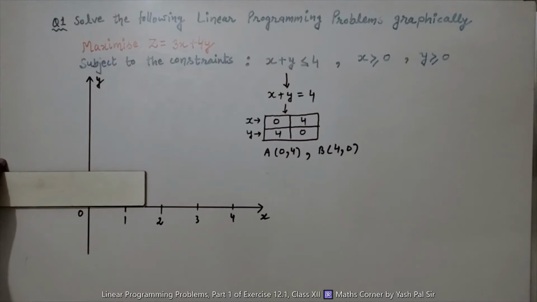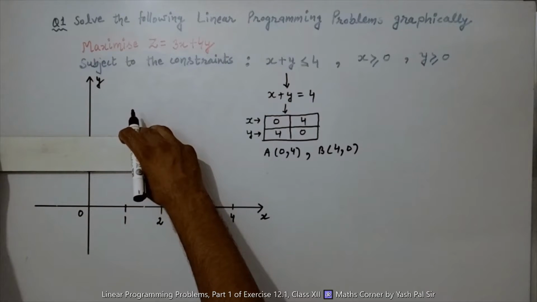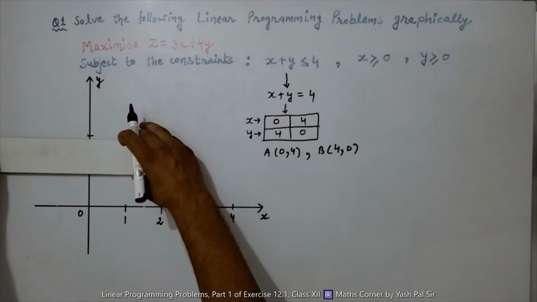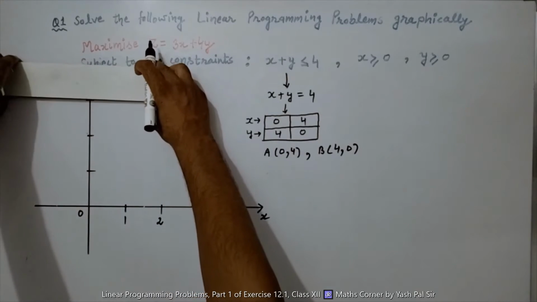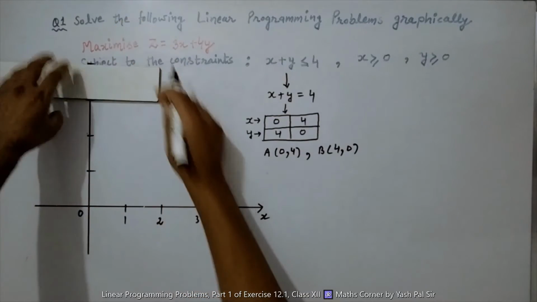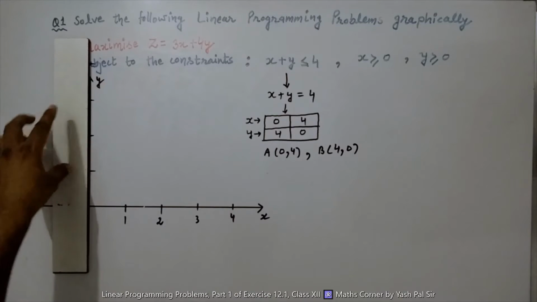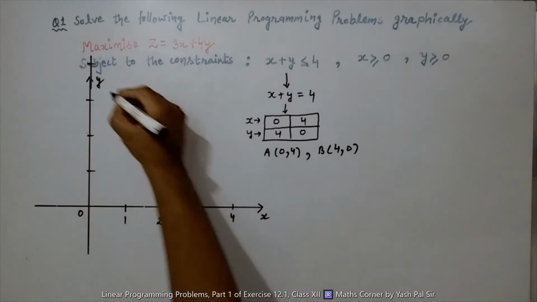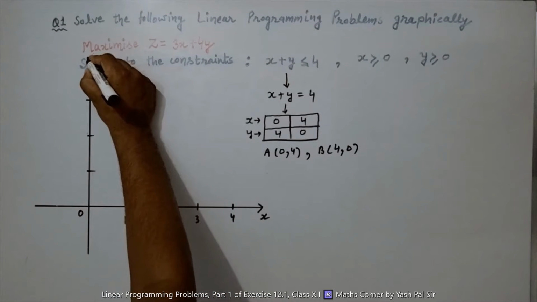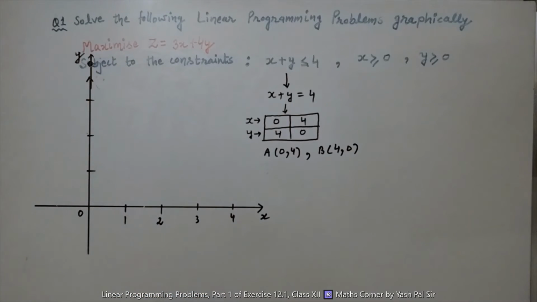Similarly we have y equal to 1, 2, 3, 4. So this is the point y equal to 4, right?